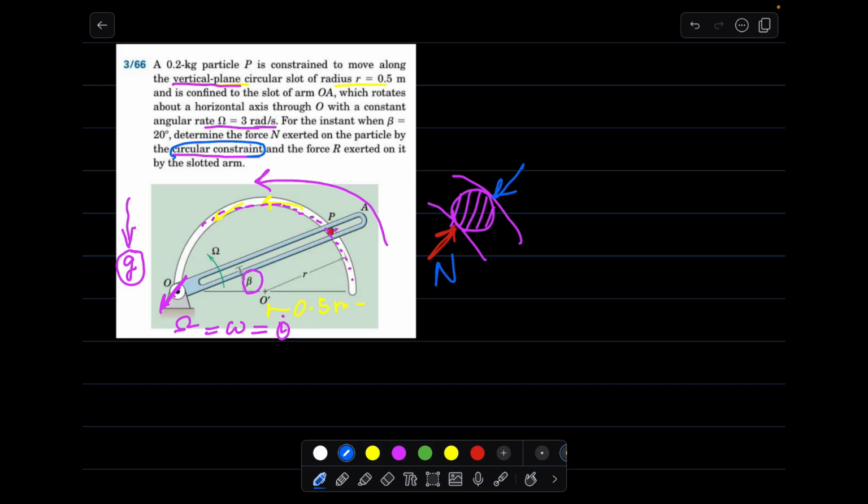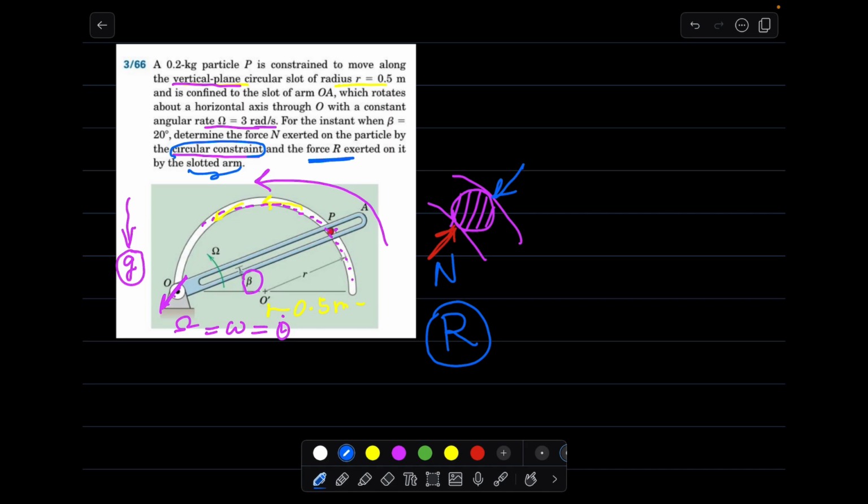Secondly, find the force R exerted on it by the slotted arm. So we have to find the value of R, but who is producing this R force?